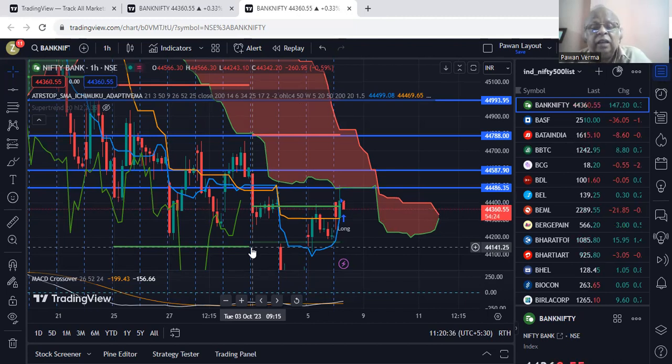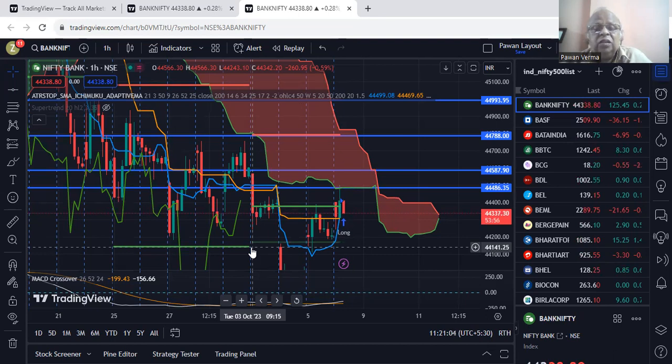We can get the target price for the Bank Nifty. So friends, you should wait for the positive crossover in case of Bank Nifty. But the possibility of rejection and going downward is quite high in case of Bank Nifty.